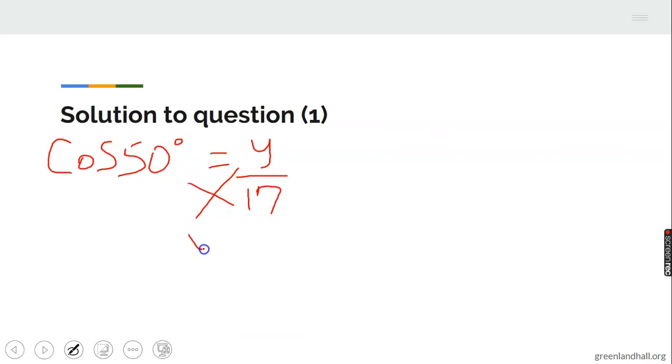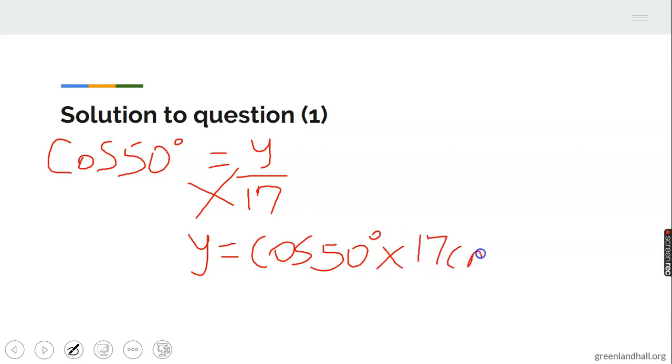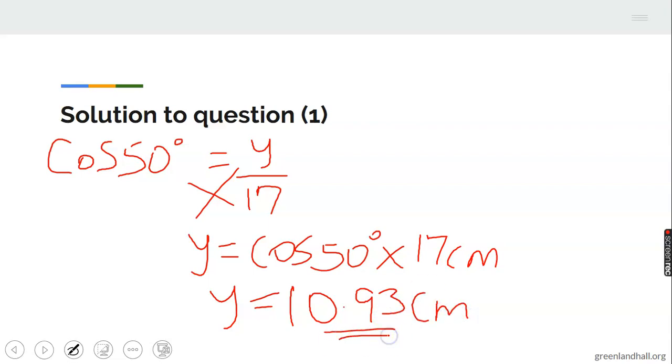So you cross multiply: y equals cos 50 degrees multiplied by 17 centimeters, which will give us y. So what is cos 50? Press your calculator. Cos 50 multiplied by 17. What you have is 10.923927. So approximately 10.93. That is to 2 decimal places.